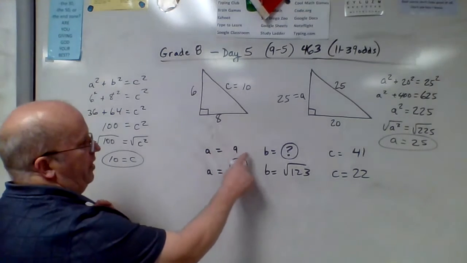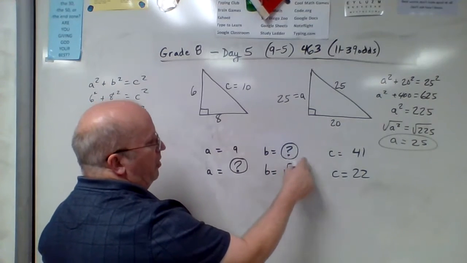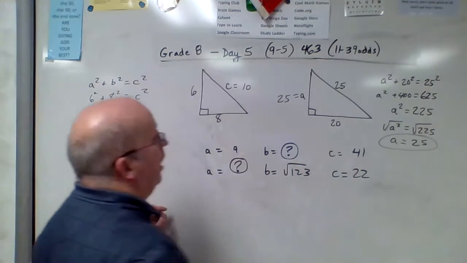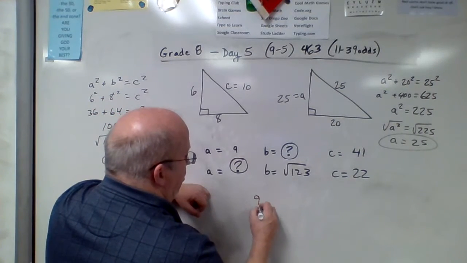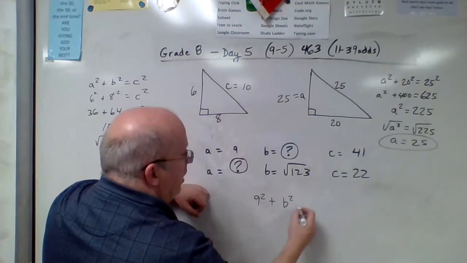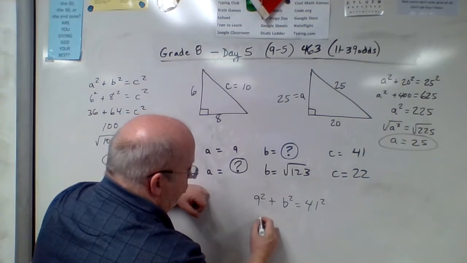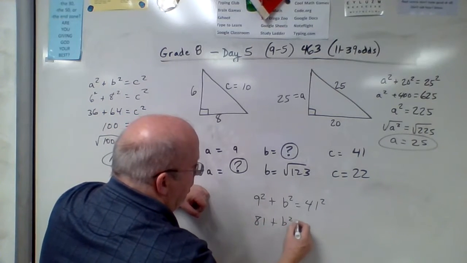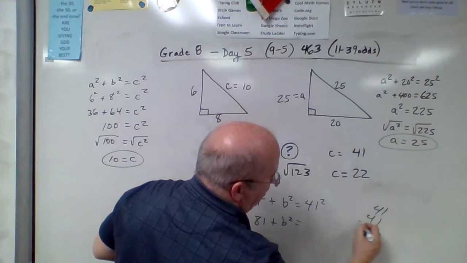Look at this line right here. We are told that a is 9, b is unknown, and c is 41. Well, we'd solve it the same way. A squared, 9 squared, plus b squared, unknown, equals c squared, 41 squared. 9 squared is 81. I don't know what 41 squared is, so we'll do that off to the side here.